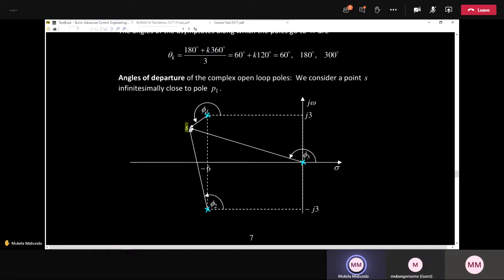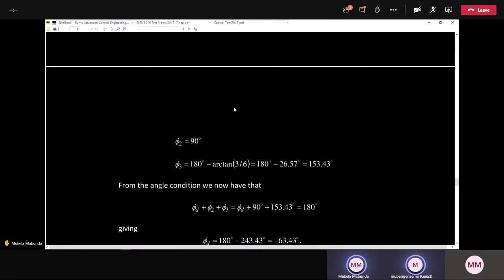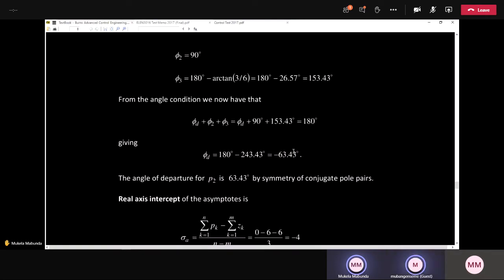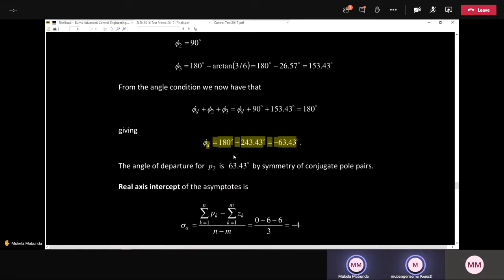He's not really saying what the value of S is, it's just saying it's close. That I do understand. But when it comes here, the angle of departure is actually negative 63.43 for P1.